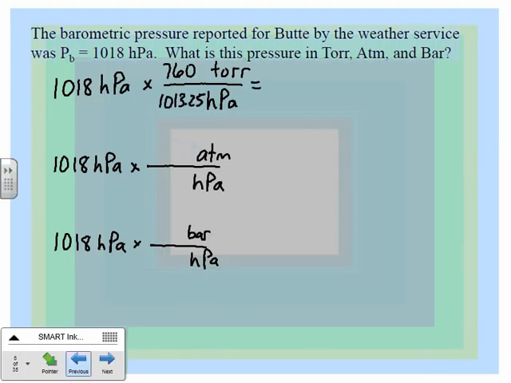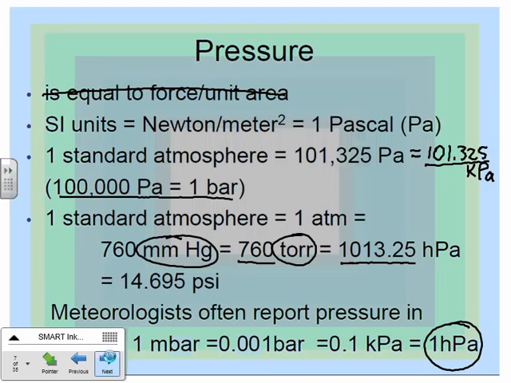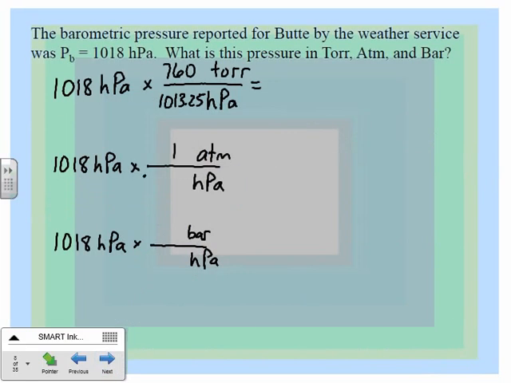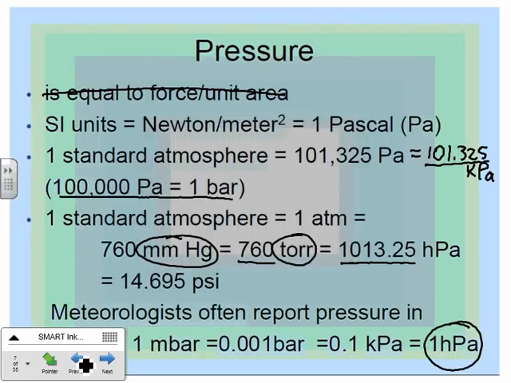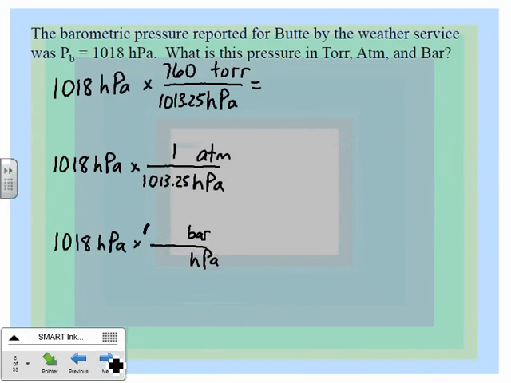Okay, and then 1 atmosphere, okay, so that one, 1013.25. And then in a bar, 0.001 bars equals 1 hectopascal. Okay, so we're just doing all these conversions here. Pretty easy stuff.